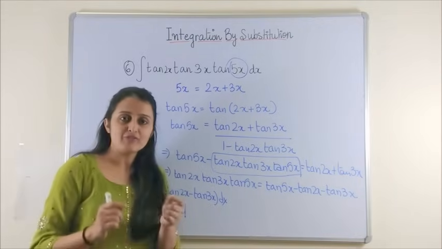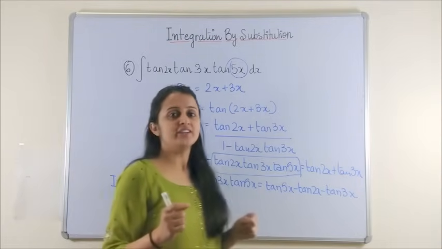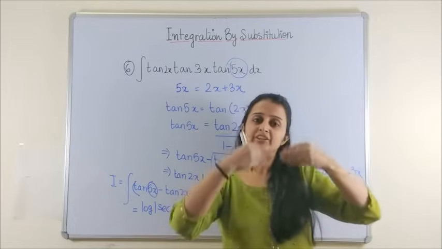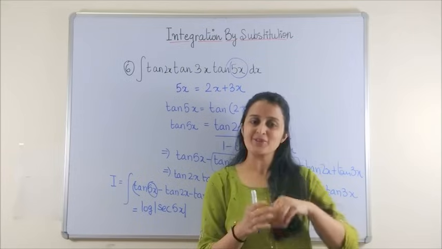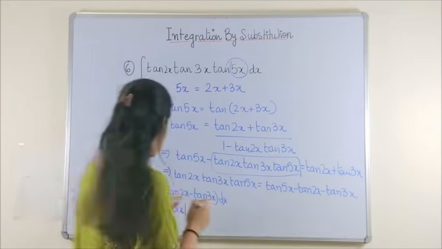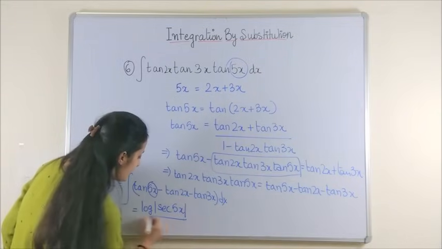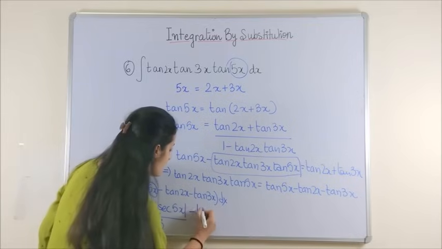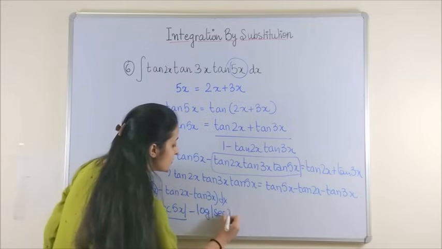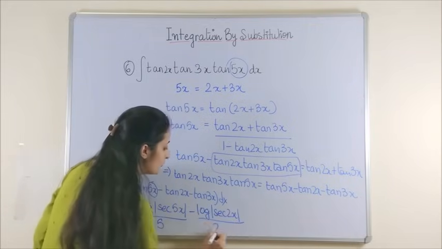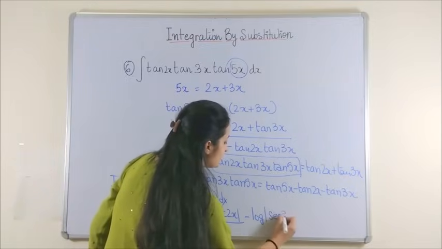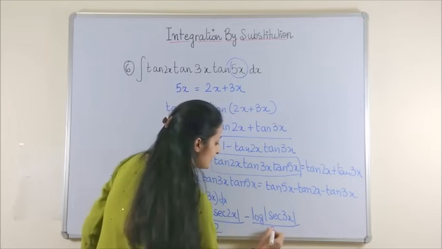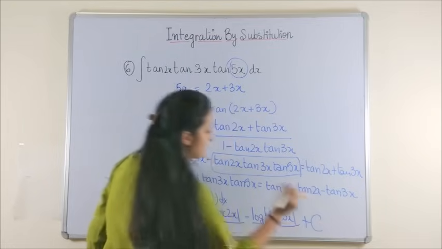So instead of multiplying with 5, which we did in differentiation, we rather divide with 5, since integration is the reverse of differentiation. So divided by 5 minus log mod secant 2x whole upon 2 minus log mod secant 3x whole upon 3 plus c.